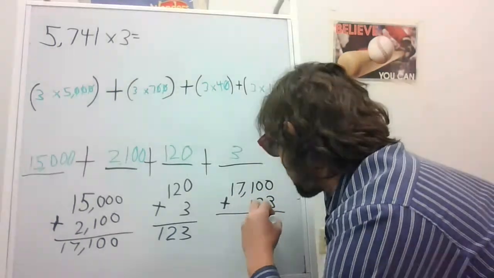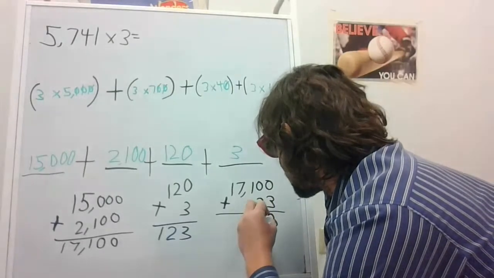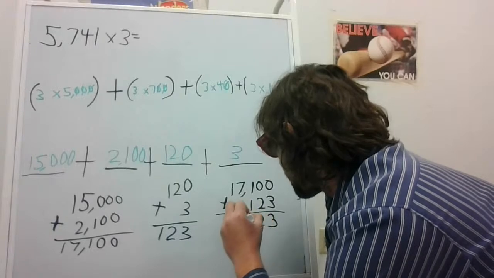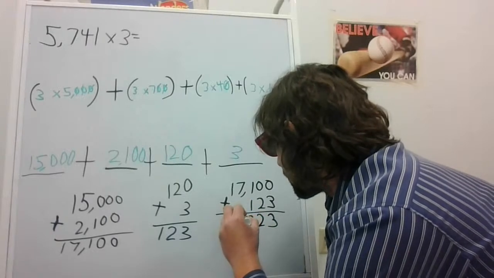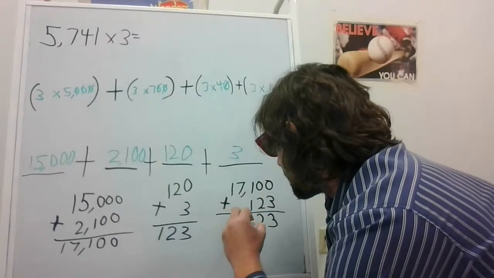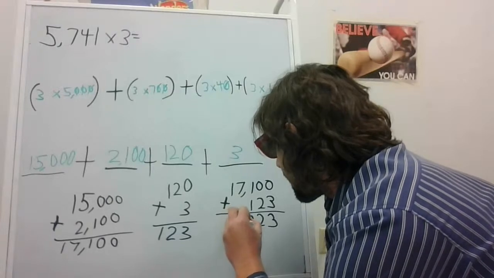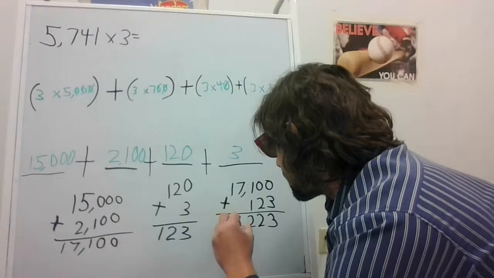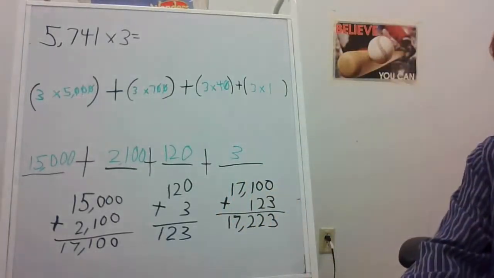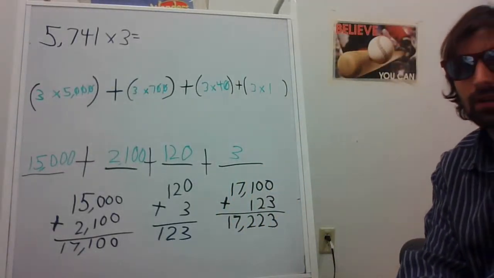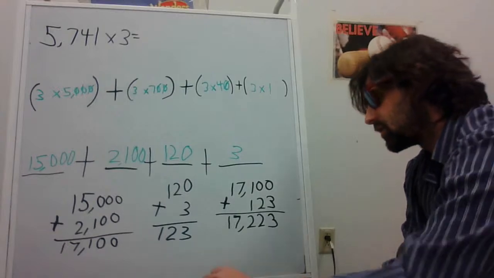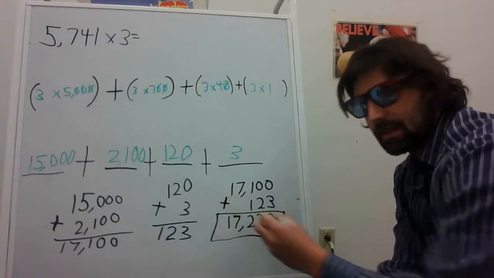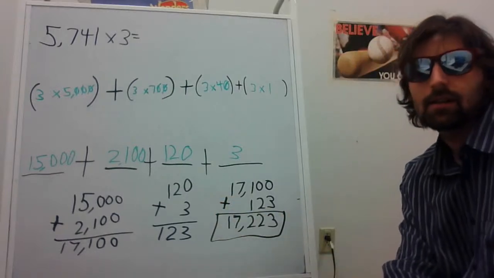All right, 0 plus 3 equals 3. 0 plus 2 equals 2. 1 plus 1 equals 2. 7 plus 0 equals 7. And 1 plus 0 equals 1. And we have our answer right here, 17,123. I'm actually going to make a box around that because that's what the answer is.